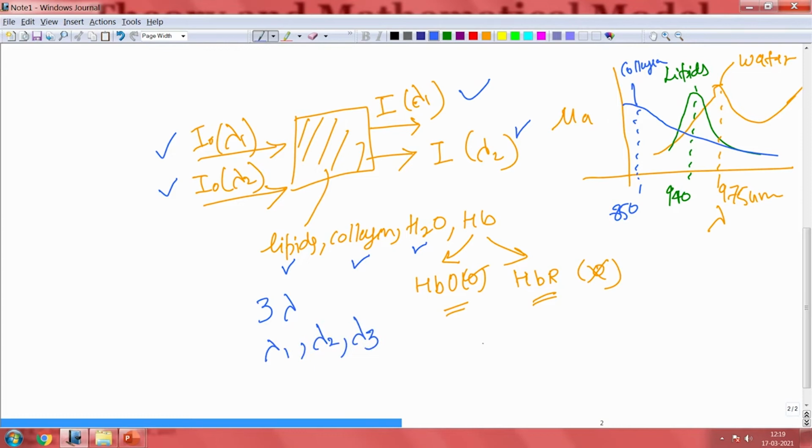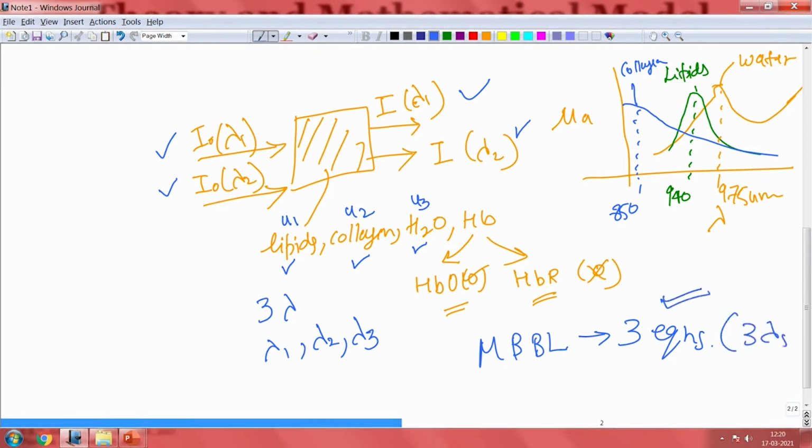And from the modified Beer-Lambert law, I will get three equations. So I have three unknowns: this is my unknown 1, unknown 2, unknown 3, and I have three equations because of three different wavelengths.